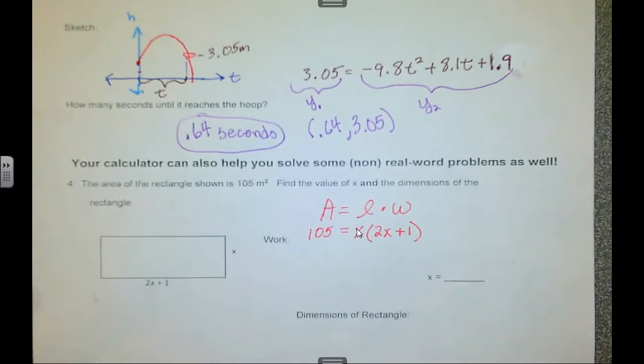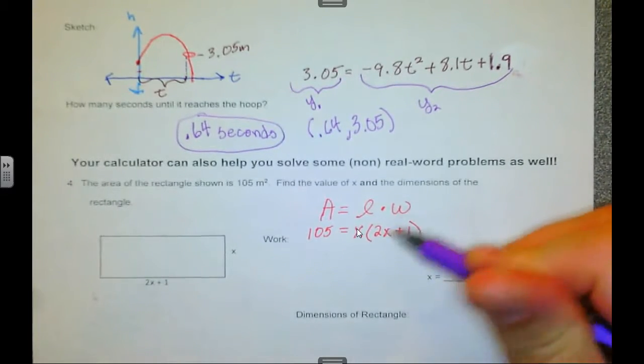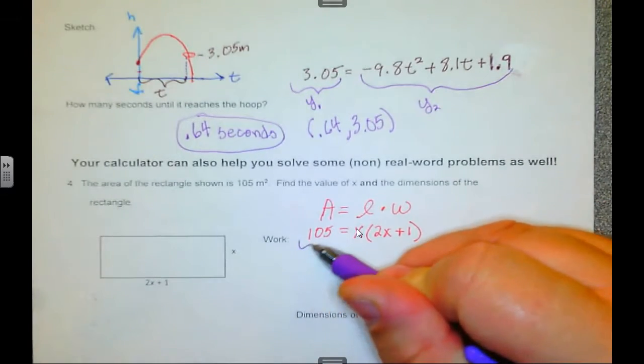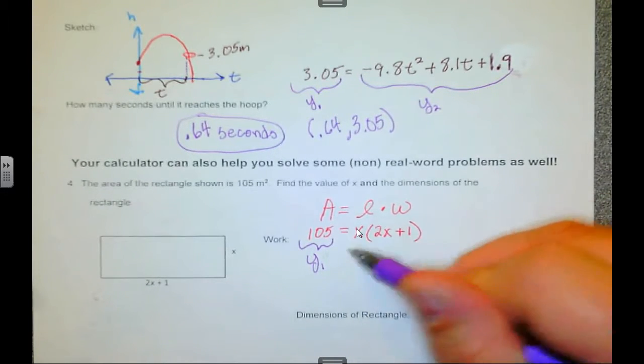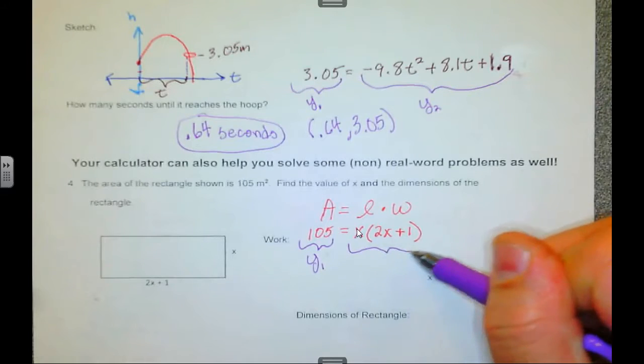Now, we did do some equation solving if you want to solve this, but we could also put this in y1, y2 like we did before. Now, the only thing is, this is going to be in one of your y's, y1, but you're going to have to put this in y2.